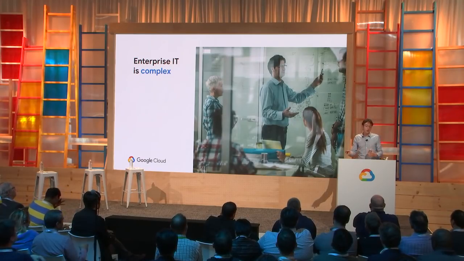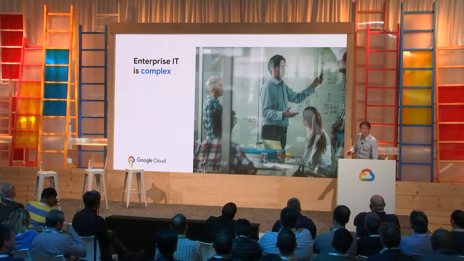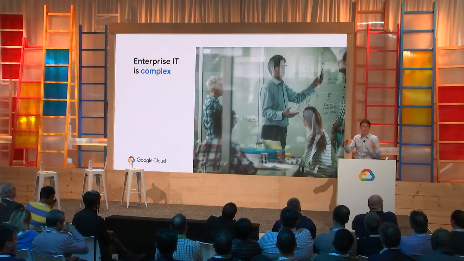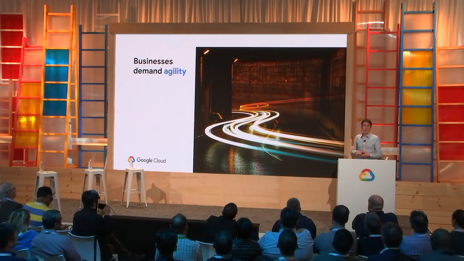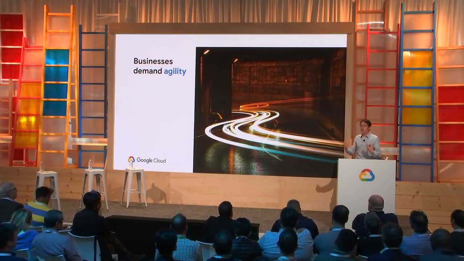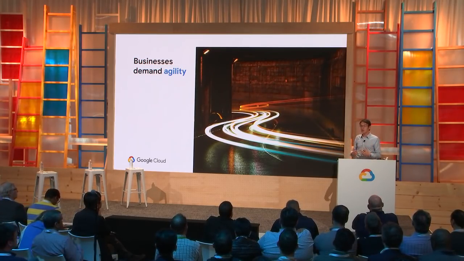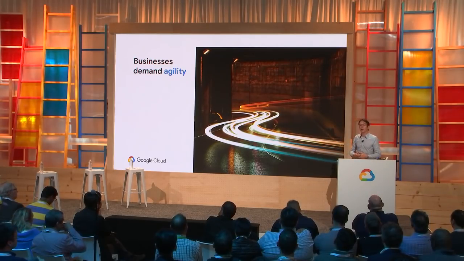So your initial starting point is complicated, and that's your environment. For your company to be responsive and competitive, it has to evolve quickly. If you have a new application coming up, a new service that you want to offer to your customers, you have to do it quickly.